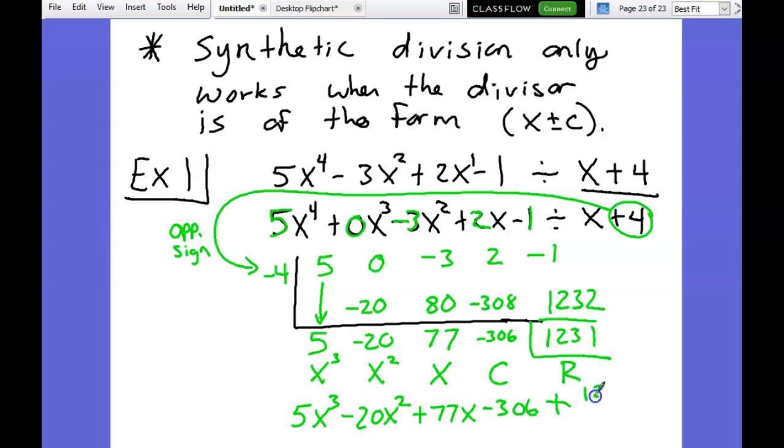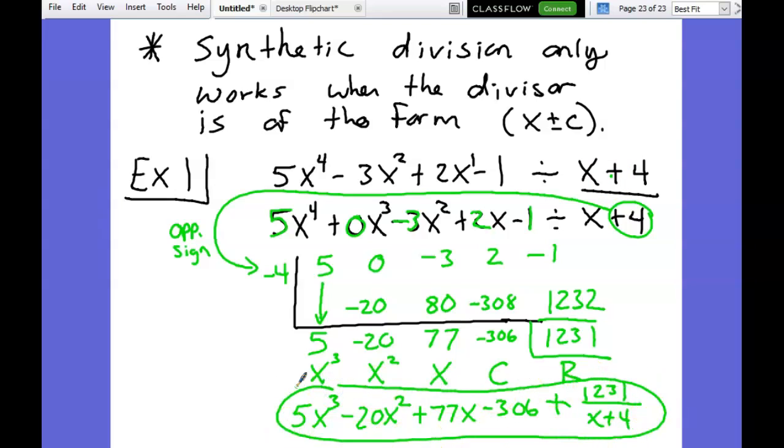This is my remainder, right? And we put it over the divisor. What's the divisor? Well, we're going to write the original thing. So there you go. So that's your final step. So step 1 is your setup. Step 2 is the multiply, add, multiply, add, multiply, add. Step 3 is write your answers.